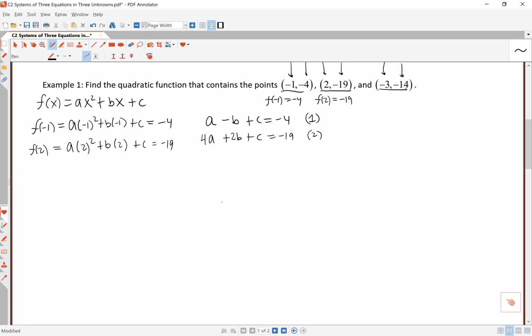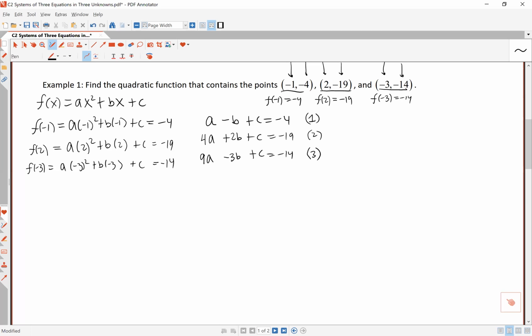And the last point says that f of -3 is -14. So plugging -3 in for x, that output is -14. So -3 squared is 9. -3 times b is -3b. Plus c is -14. And we'll refer to this one as equation 3.